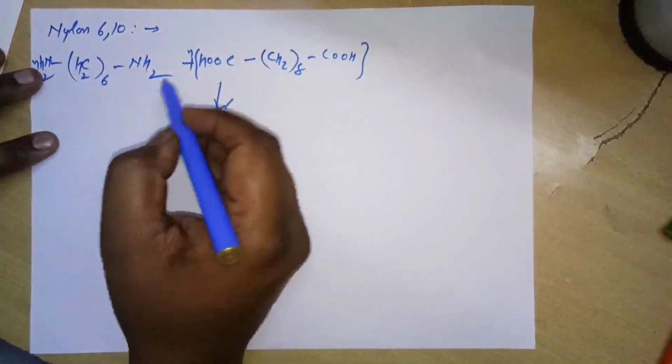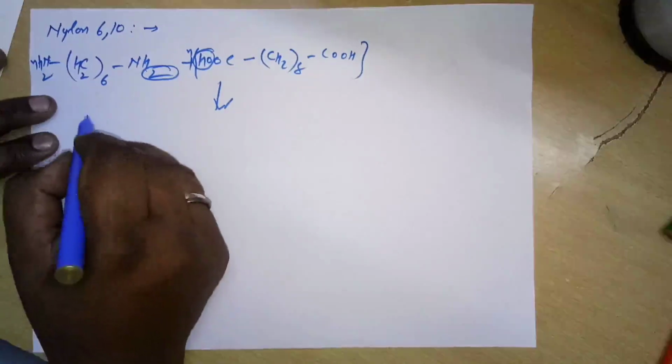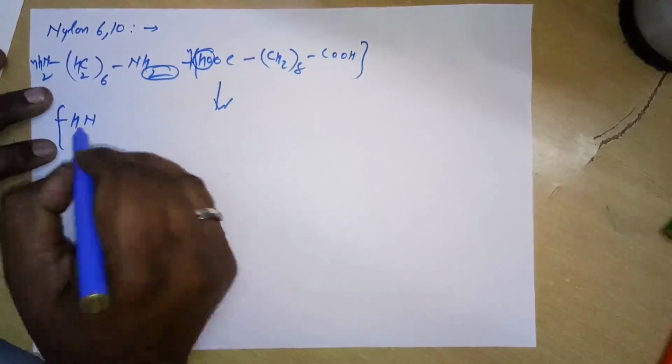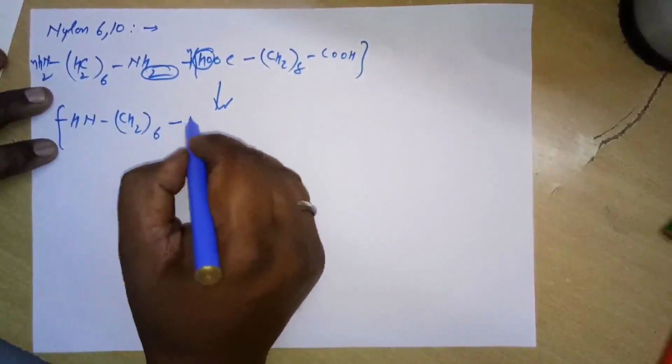Here also water is removed, OH from here, H from here, and we get nylon 610.